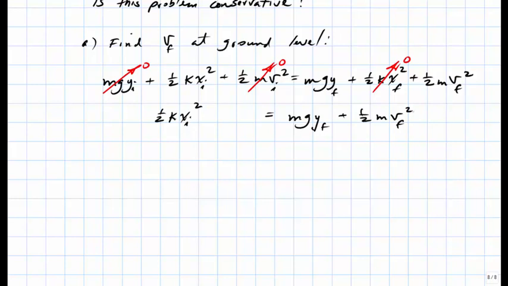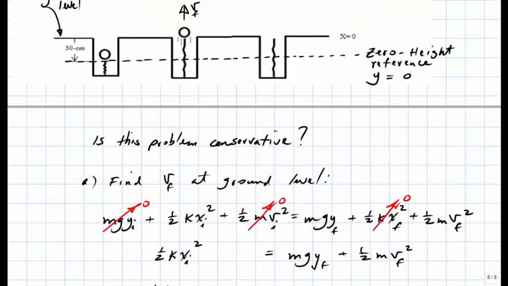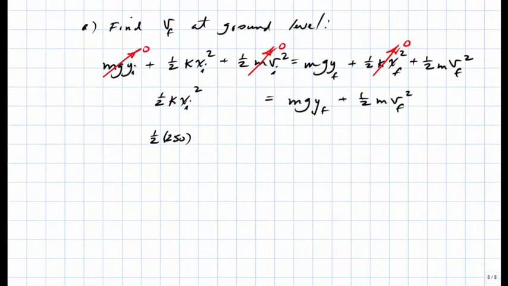Let's substitute in the values. So we have 1/2. K was given as 250, and the initial compression in the spring is 30 centimeters, which is entered as 0.3 meters. That'll equal the mass of the ball.